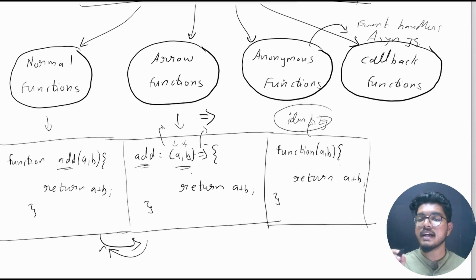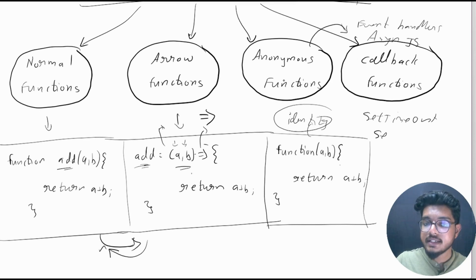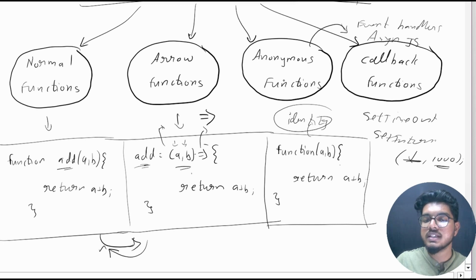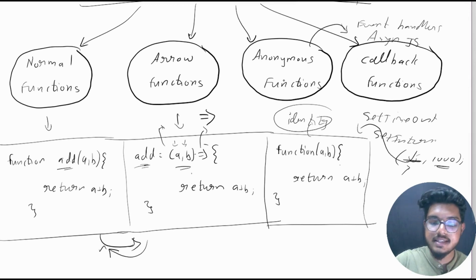In that async.js, if you write the function inside setTimeout or setInterval, etc., there you will write some function and then the delay, how much delay you want to give. So this function is nothing but an anonymous function. You have to write an anonymous function there. Let's take the example. Let's see the notes.